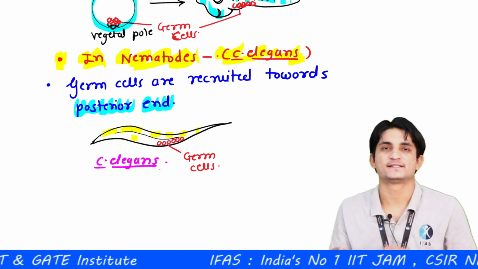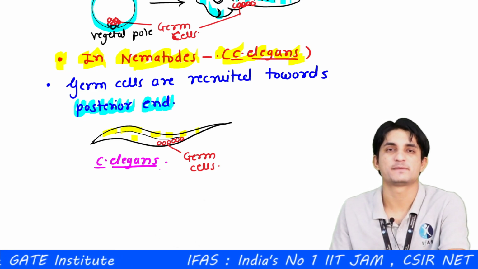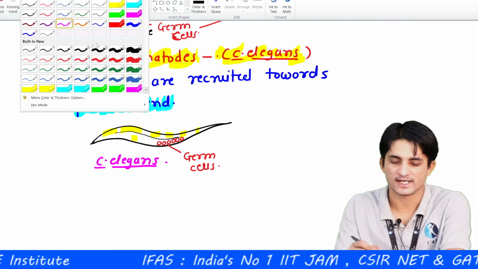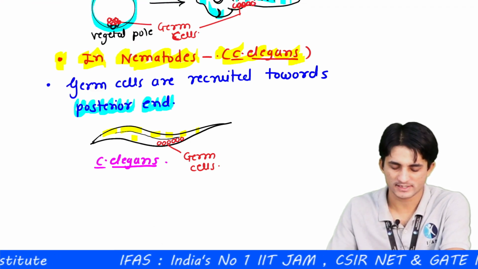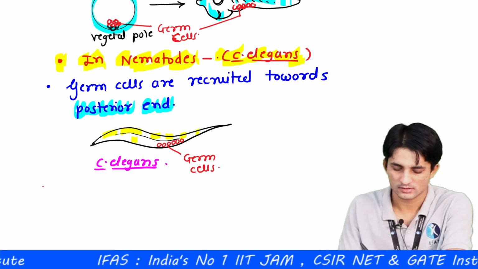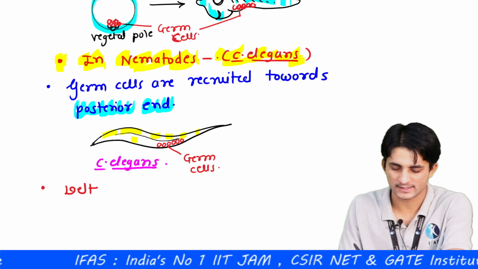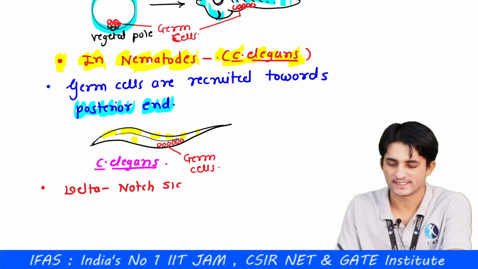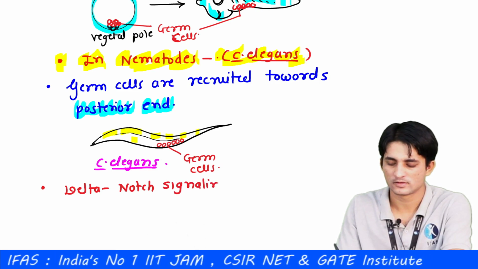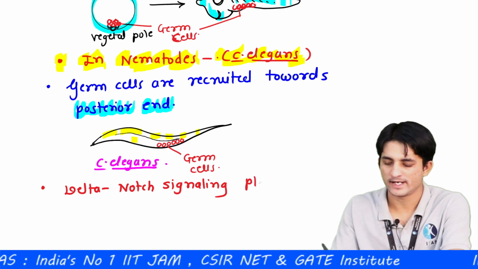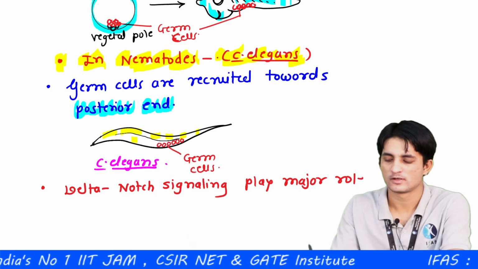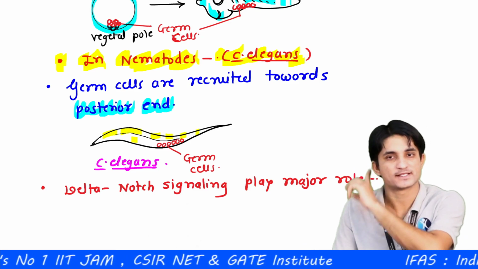Then in C. elegans, in the germ cell specification, a major signaling occurs. So here delta notch signaling plays a major role in C. elegans.